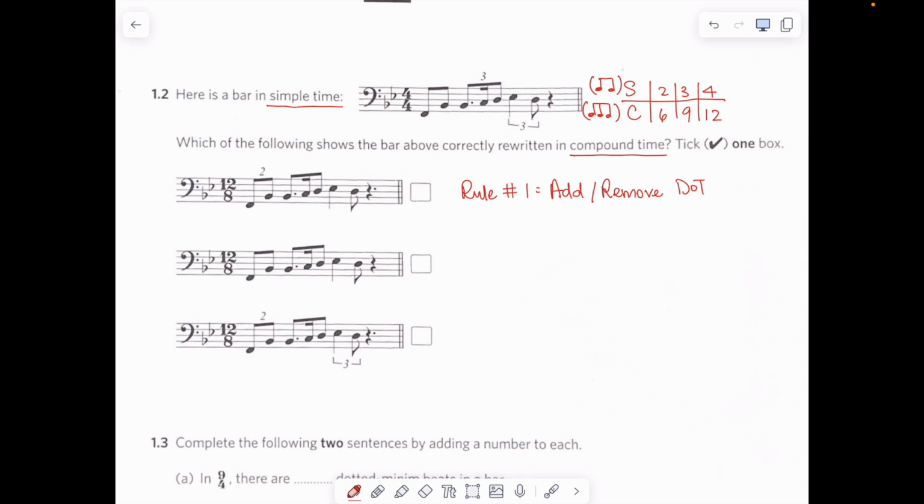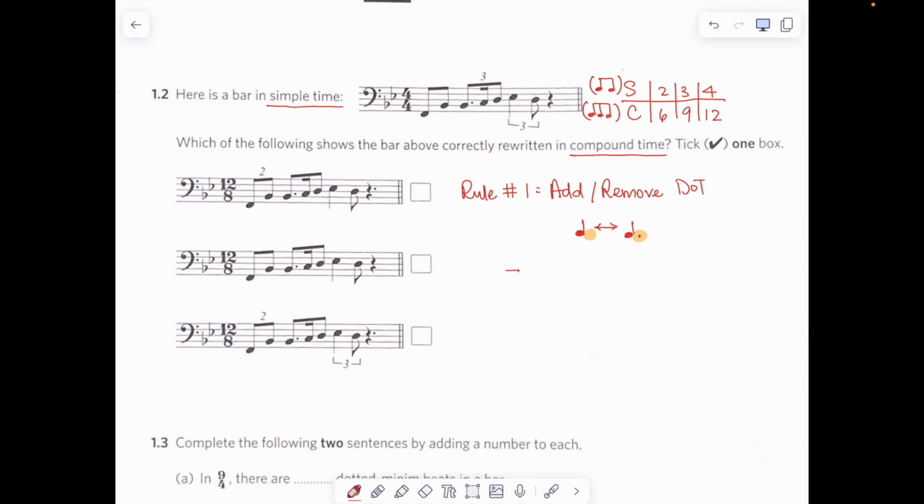What does that mean? For example, if the main beat is a crotchet, you will have to add a dot to make it into a dotted crotchet. That's the beat. Now, if you start with a dotted crotchet, then you have to remove the dot to make it into a crotchet. You either add it or you remove it.